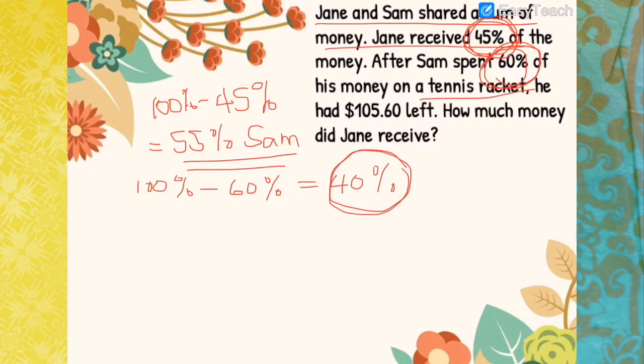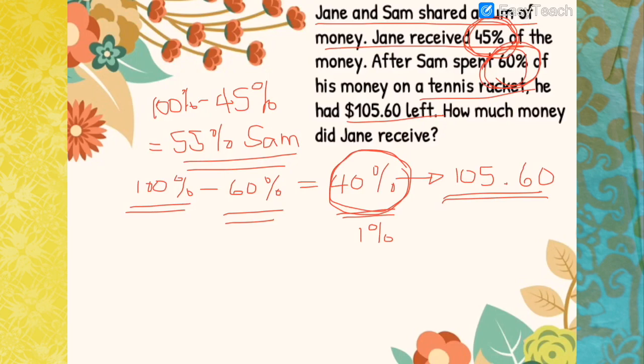This 40% is actually represented by $105.60 because that is what is left. 100% of his total money minus 60% is 40%. Therefore, 40% is 105.6. To get 1%, it would be 105.6 divided by 40.